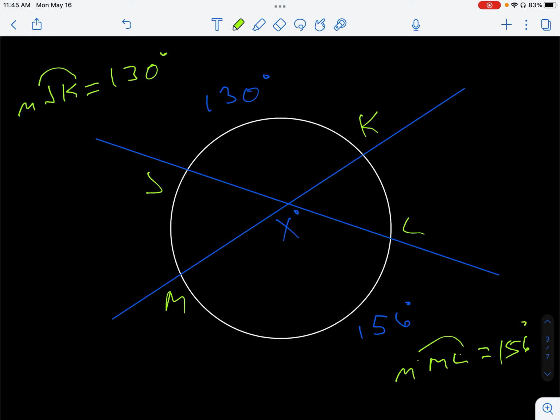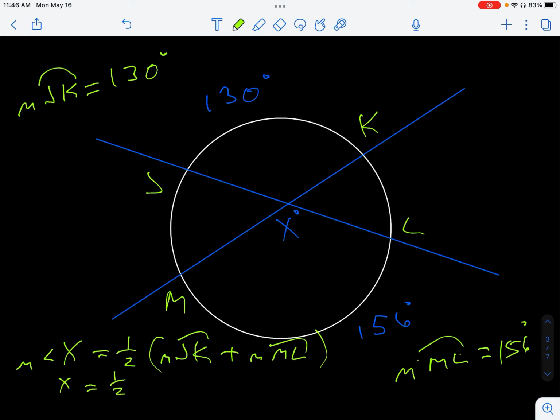So if we start with our theorem, the measure of angle X equals 1/2 the measure of arc JK plus the measure of arc ML. And then we can substitute: X equals 1/2 times 130 plus 156.